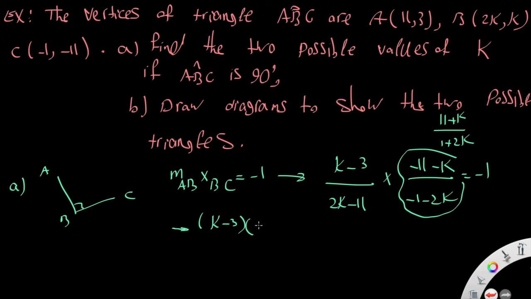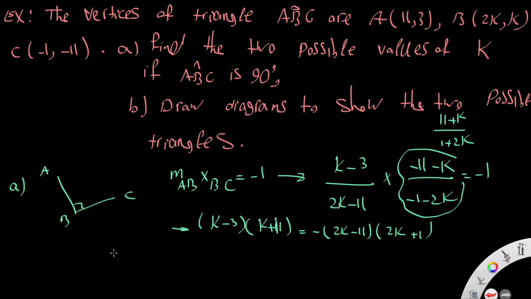k minus 3 times k plus 11 is equal to minus 2k minus 11 times 2k plus 1. Sorry, 1 here, 2k plus 1. So here 2k plus 1, this one 2k minus 11, these two multiply by the other side, -1, then you have k minus 3 times k plus 11.